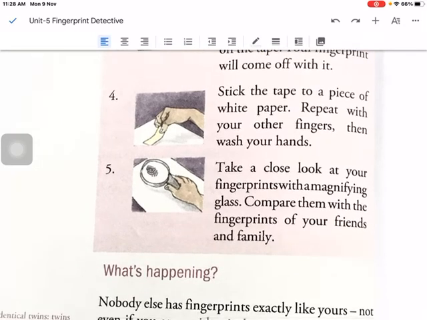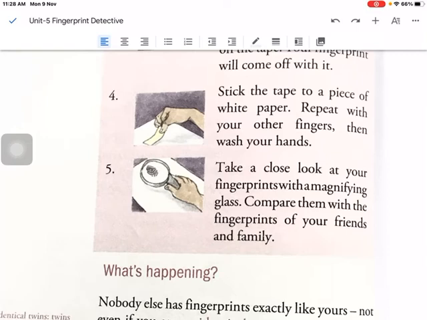Number 5: take a close look at your fingerprints with a magnifying glass. Compare them with the fingerprints of your friends and family.